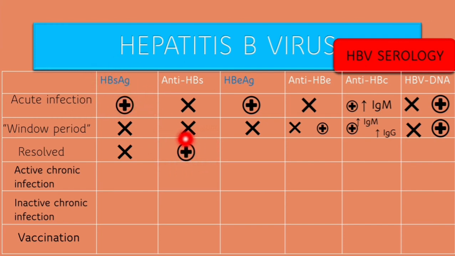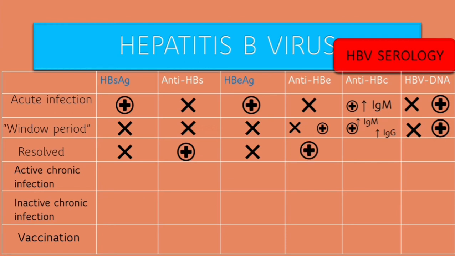These antibodies indicate immunity. Let's move on. So we are saying it's resolved. Here you will not see the envelope antigen again, but you see the antibodies against it.